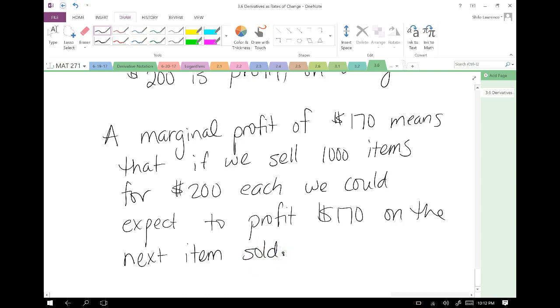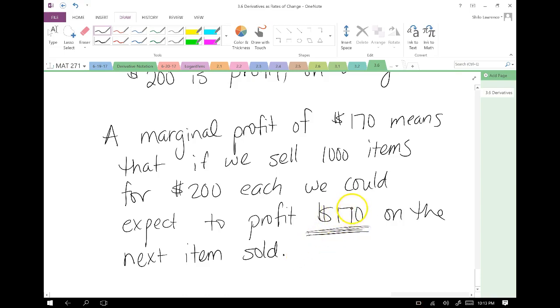This is an important thing for businesses to know, because increasing production does not always increase profits. There's always an optimal production level. You can't just increase production to an unlimited amount. So you want to know if increasing is worth it.